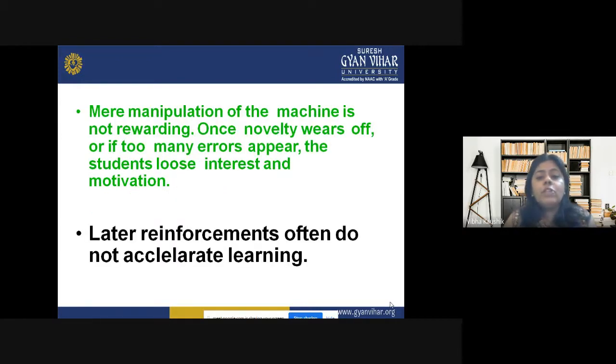Mere manipulation of the machines is not rewarding. Once novelty wears off, meaning the newness comes to an end, or if too many errors appear, if the learner is consistently making so many errors, the student loses interest and motivation.